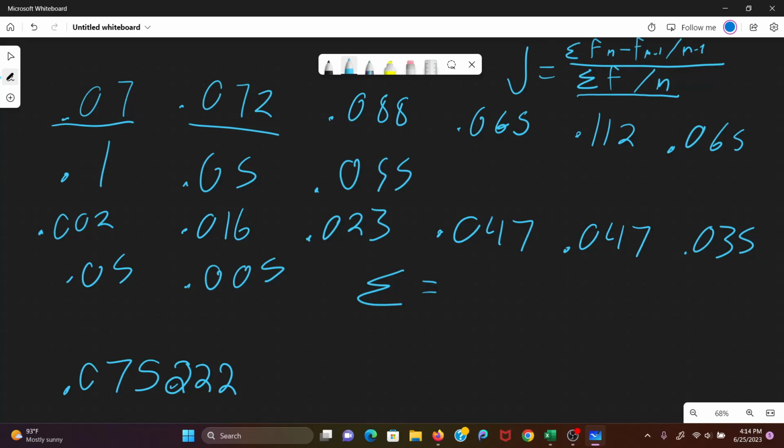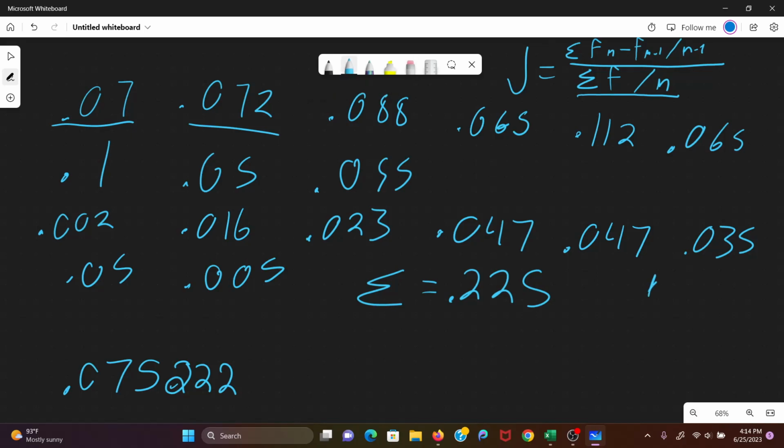Should give you 0.225. If you got 0.275, which is what I got the first time I made the key, it's because you forgot a zero right here, which I totally did.